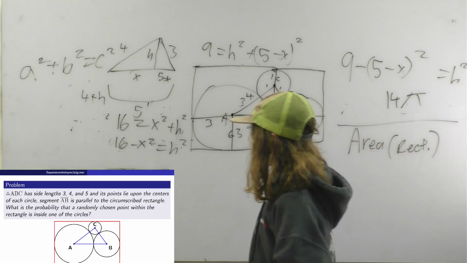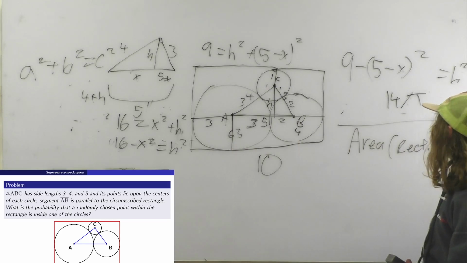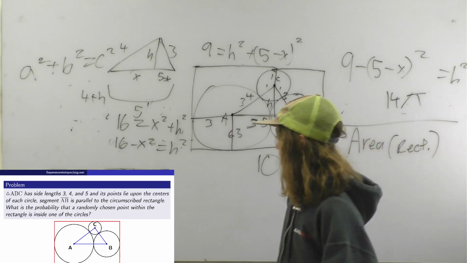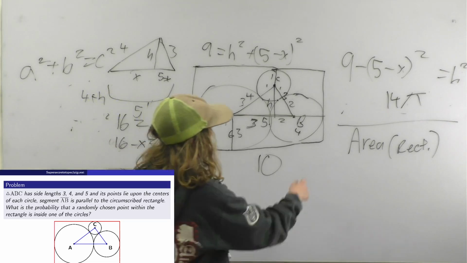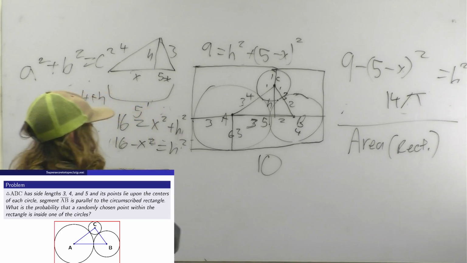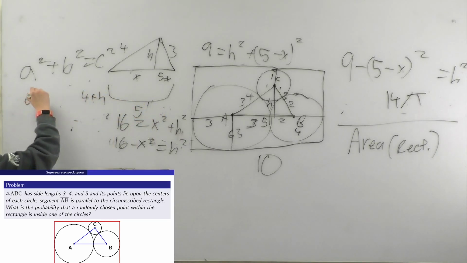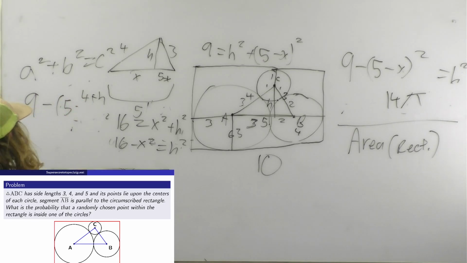You'll notice that this equation equals h squared, and this equation also equals h squared. So that means that 16 minus x squared equals 9 minus (5 minus x) squared. So let's write that here. That's 9 minus 5. I'm going to erase some things.